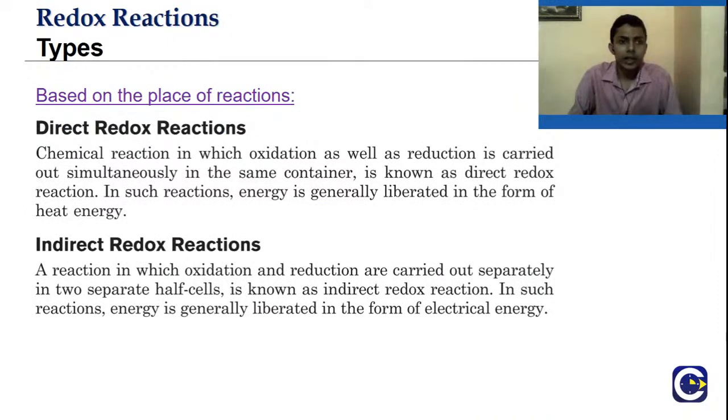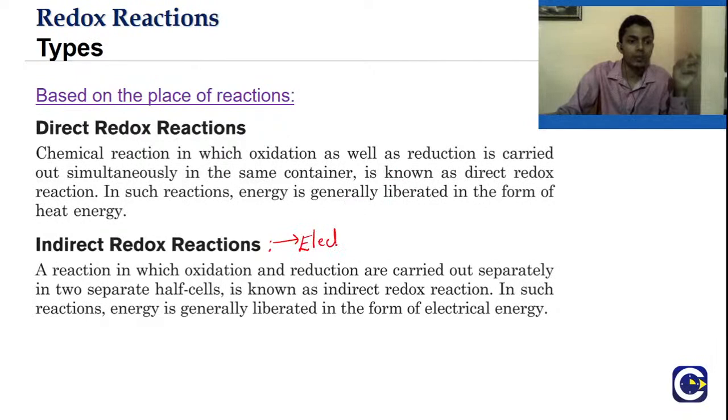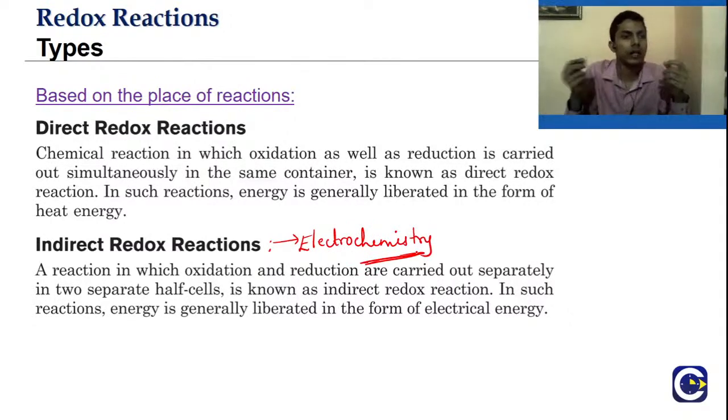Direct redox reaction and indirect redox reaction are something very important to understand, because indirect redox reaction is the most important thing to be known for electrochemistry. Indirect redox reaction is responsible for the generation of electric current.